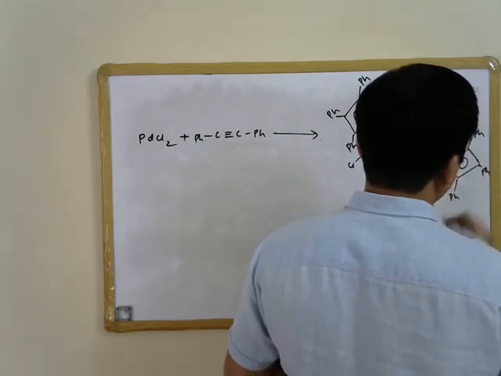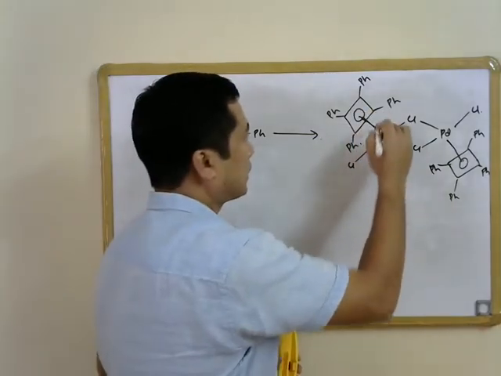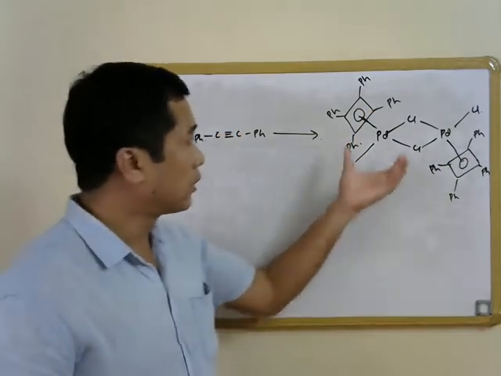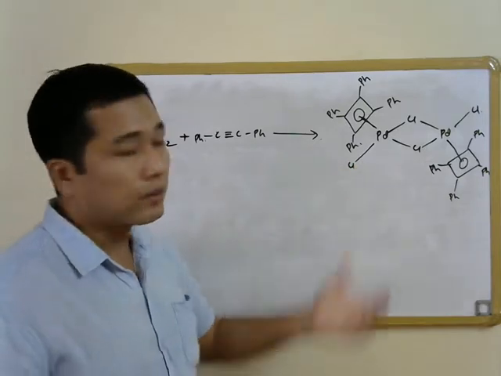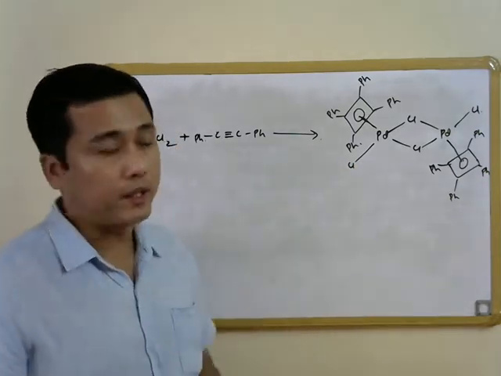So this sort of cyclobutene ligand formation occurs during this reaction, which again acts as a ligand to form a cyclobutene complex with palladium.